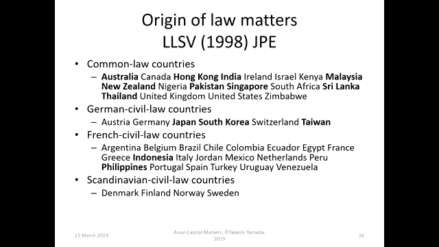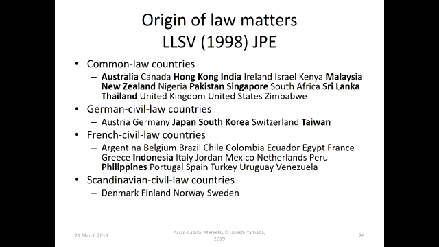And the next one is the German civil law countries. So this is derived from the German law system. Japan, South Korea, Switzerland, Taiwan, and Austria, so they are classified into this group, okay?